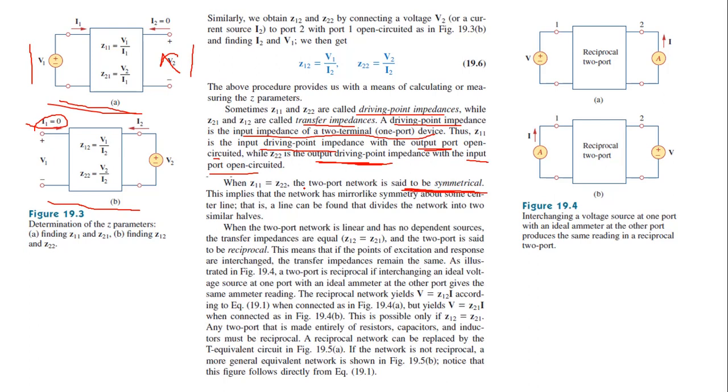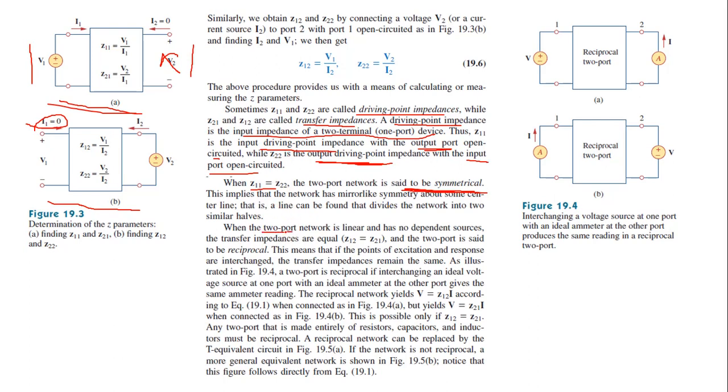If we have a central line and divide the network into two halves, the halves will be symmetrical to each other. It means the values in the first half of the two port network will be the same as the second half. So if Z11 is equal to Z22, it is called symmetrical.